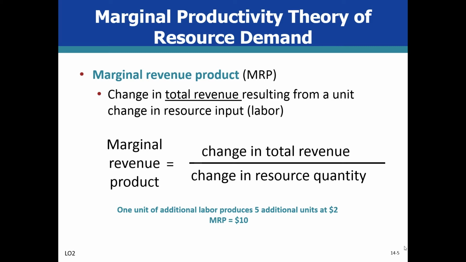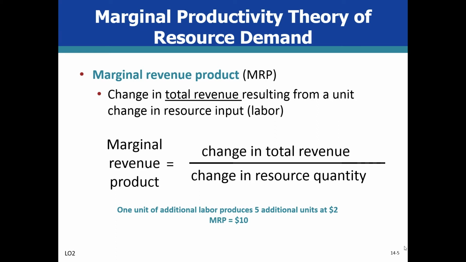The marginal revenue product is a change in total revenue resulting from a change in the resource input. So it's complex, and I'm going to show you that on a graph here, but it's just not all about wages. Wages are going to be determined by this calculation.